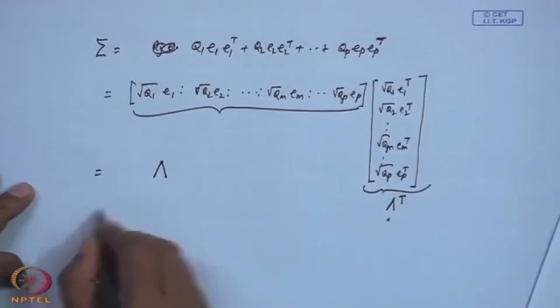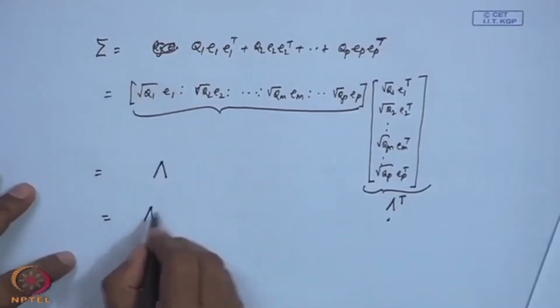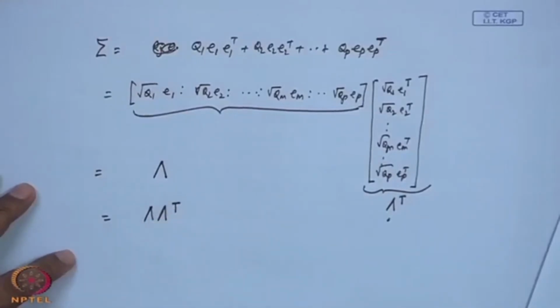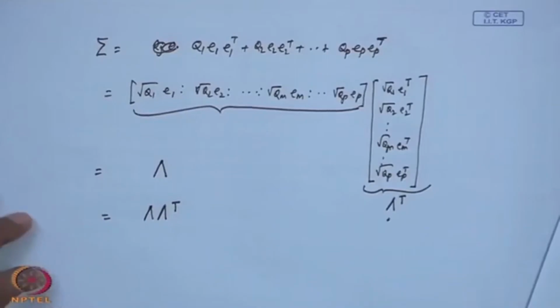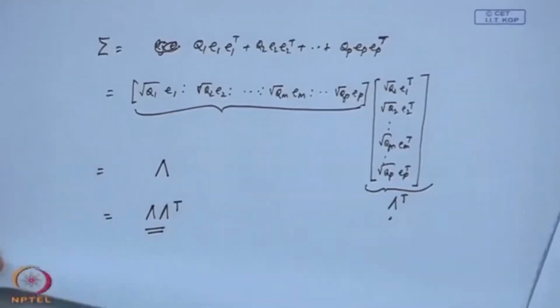Okay. So that means essentially we are writing that sigma is lambda lambda transpose, and it is possible. You can verify this, it is very much possible.